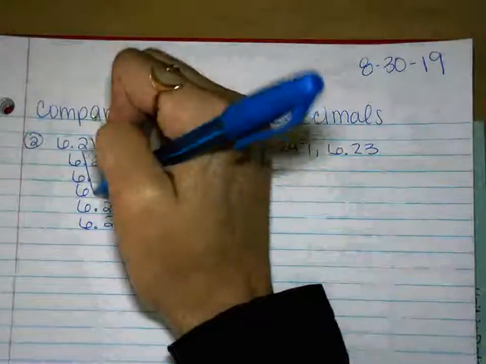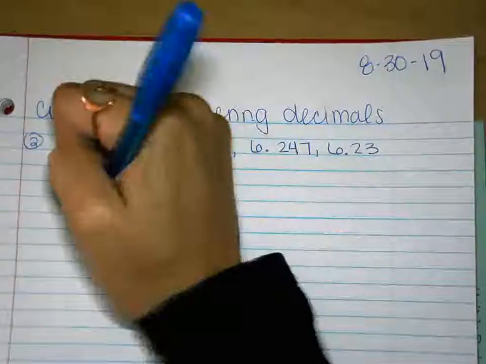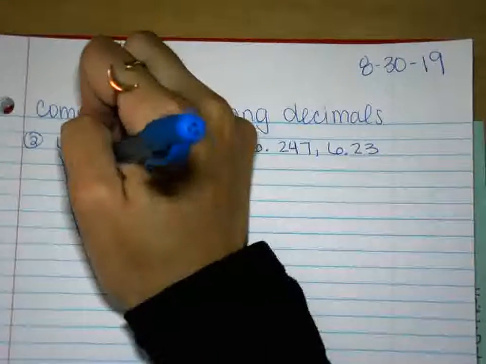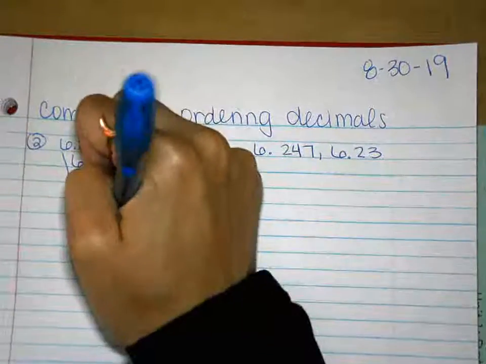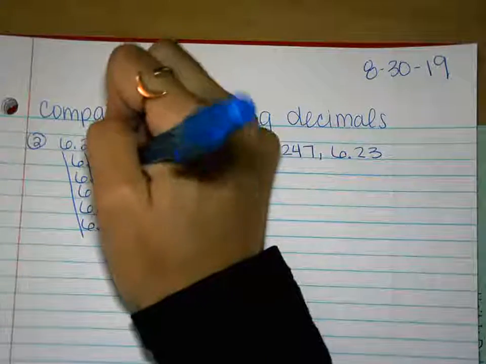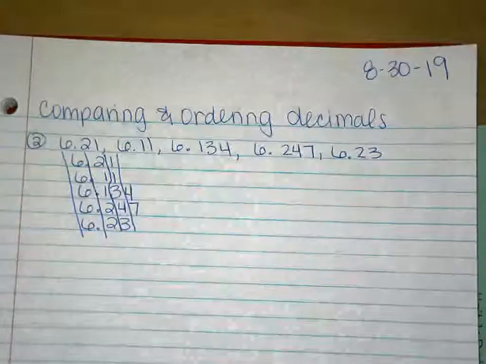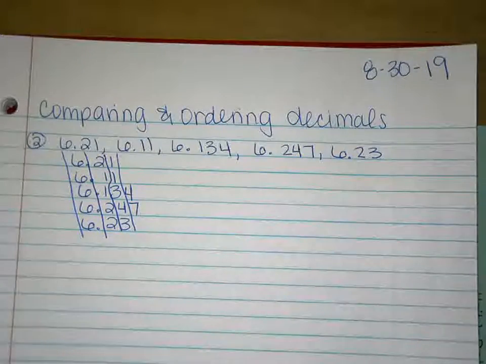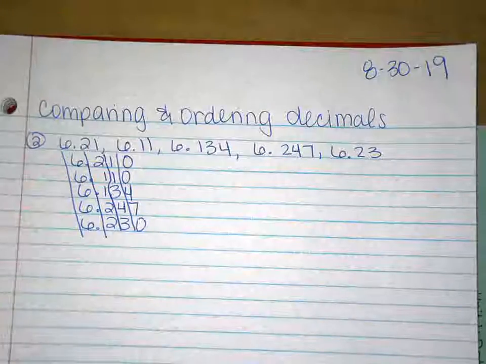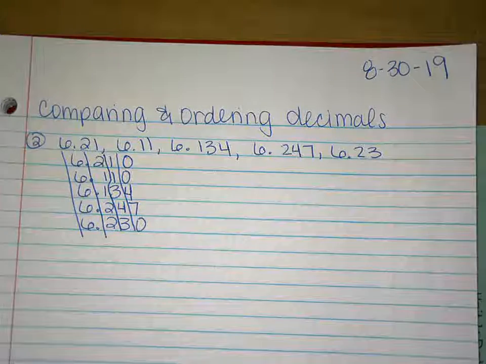So I would draw a line all the way down my decimals so I know that those 6's are all in the same column. I would then draw a really poorly drawn line there for my tenths column. I would then draw another line there for my hundredths column. Now I have 2 numbers in my thousandths column, which means I need to add 3 zeros to make sure that I have the exact same amount of numbers in each column.